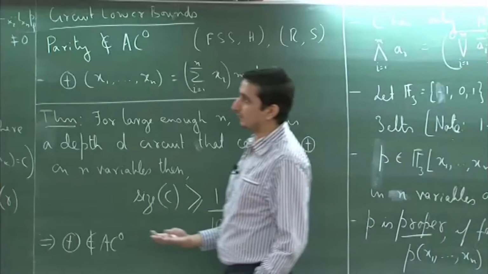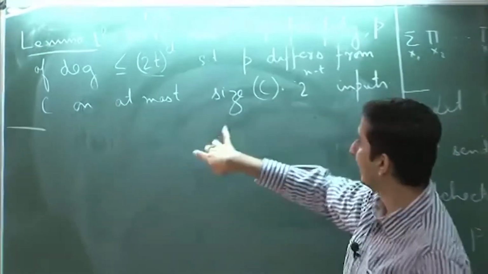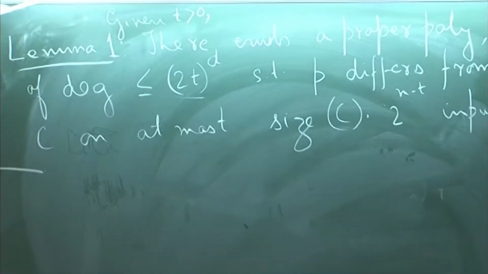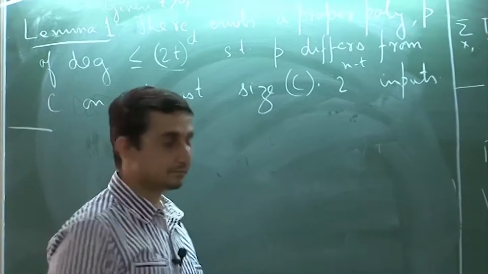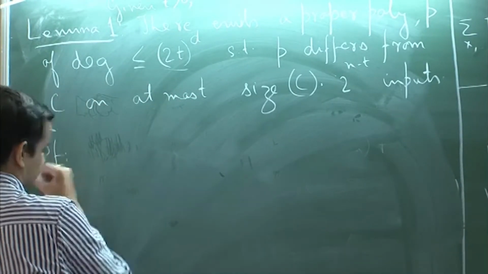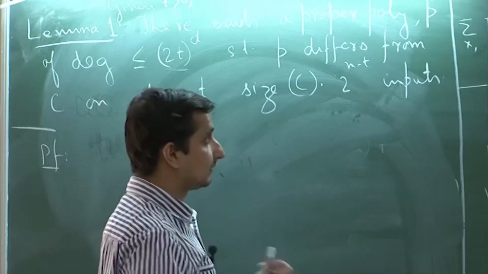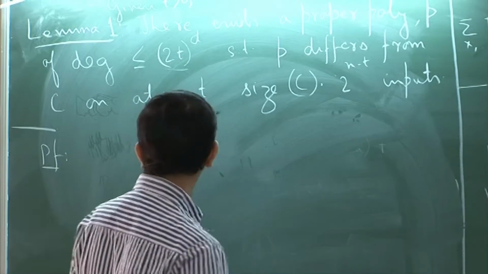So, the first claim that we make is that for any t greater than 0, there is a proper polynomial that approximates C up to a very large factor. Okay. So, how do we do this? Essentially, this is a proof by an inductive construction.